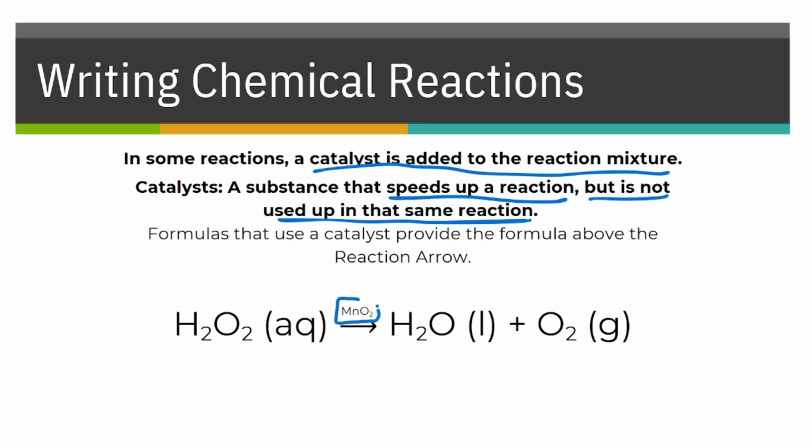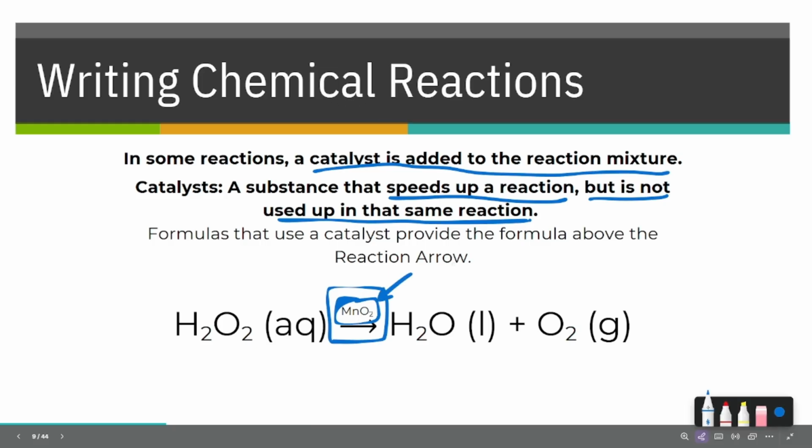Catalysts are always going to be a substance or an energy source that we provide to the reaction for it to be faster. So when we look at a catalyst within our chemical reactions, they will always be provided above your yield arrow or your reaction arrow.